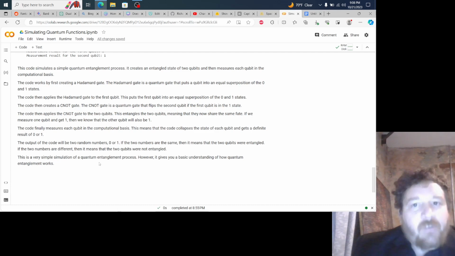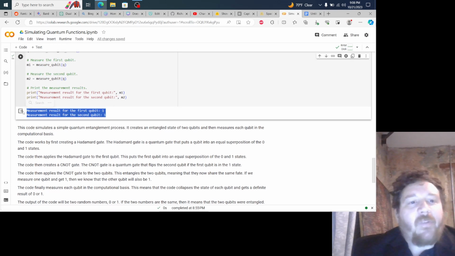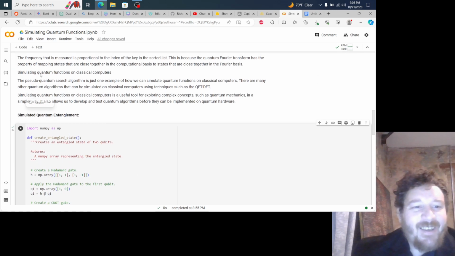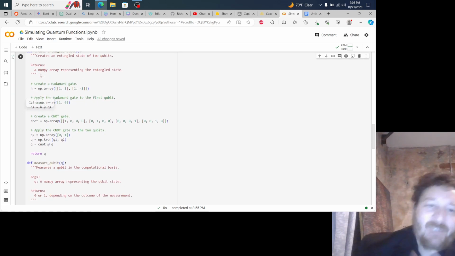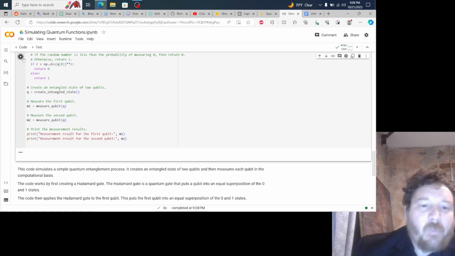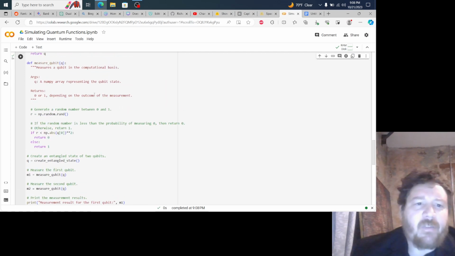So this is a really simple simulation. In our simulation, it's always going to return that they're entangled, just because of how the code is working. It's always going to return the combination 1 1, which is what we want, rather than 1 0. But we could adjust this and simulate that as well.